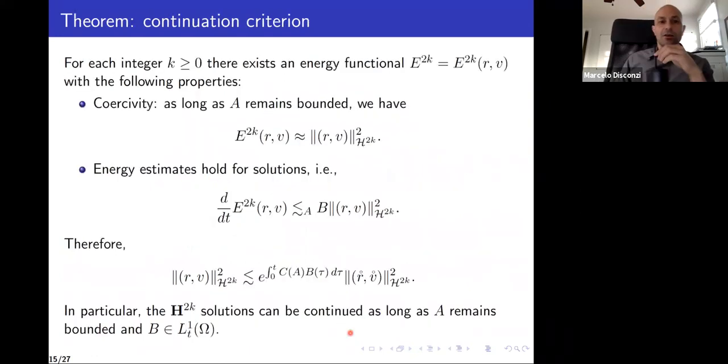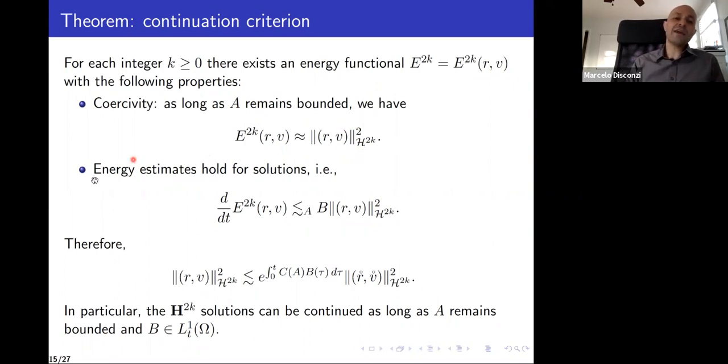Okay. So then I can state the next theorem, which is the following. For each integer k, there exists an energy function e to the 2k, or e2k. It's a function of R and V with the following properties. First, we have coercivity, which means that as long as A remains bounded, this function is in fact equivalent to the H2K norm square.